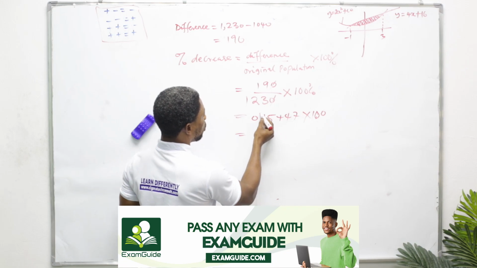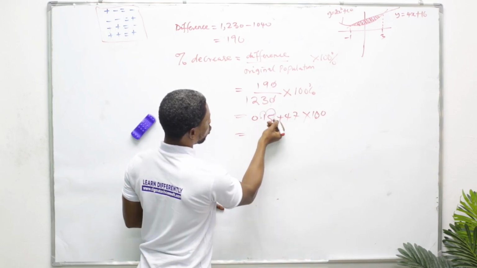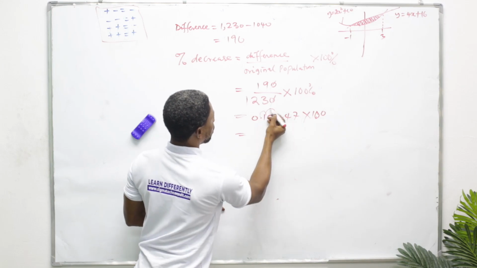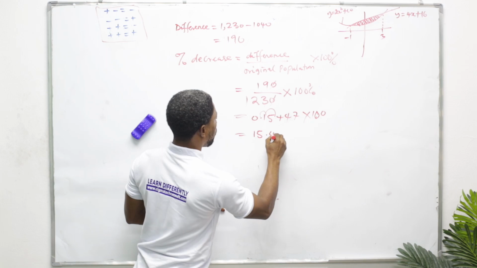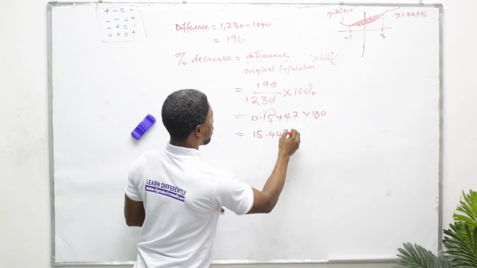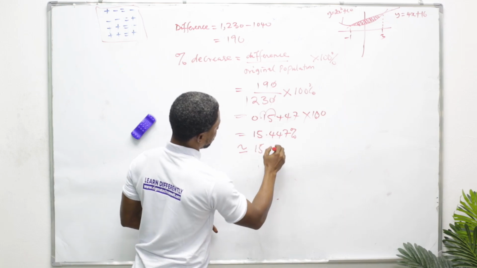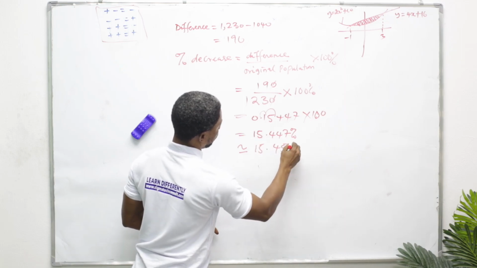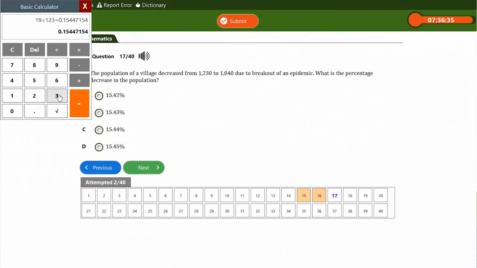The decimal point will move 2 places, so that is 15.447%. So we can now have 15.45 to 2 decimal places. 15.45. So our answer is D.